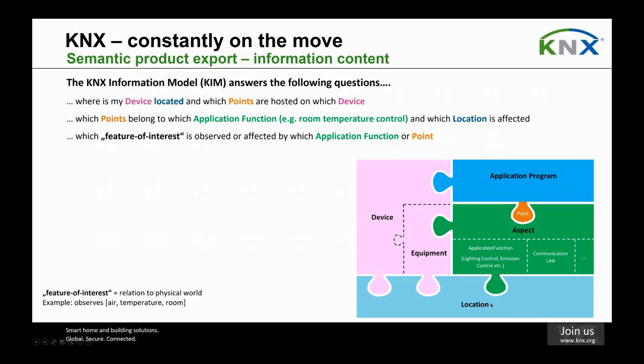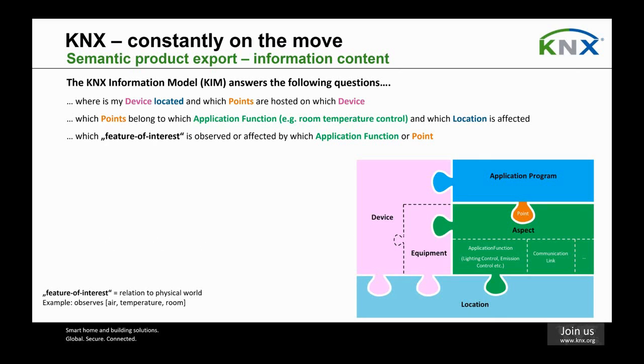And also which feature of interest is observed or affected by the application function or the point. This feature of interest is actually the relation of the point and the application function towards the physical world. So are we looking at the set point temperature of the air?